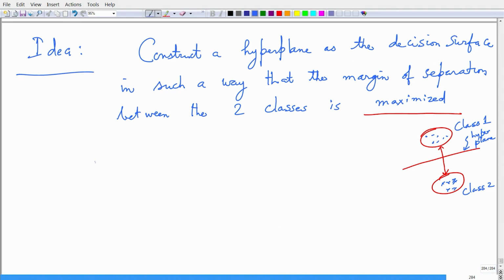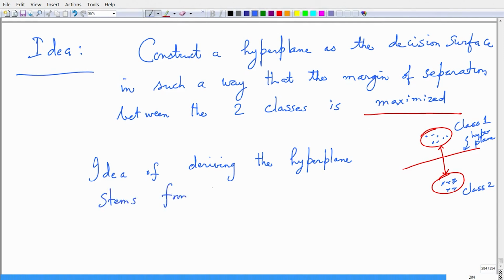And the idea of deriving this hyperplane stems from the notion of structural risk minimization.